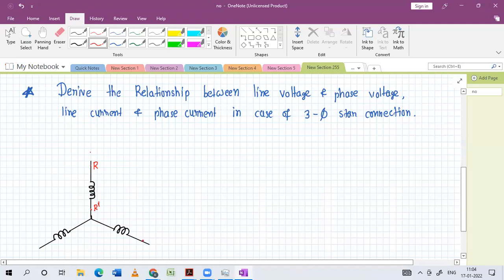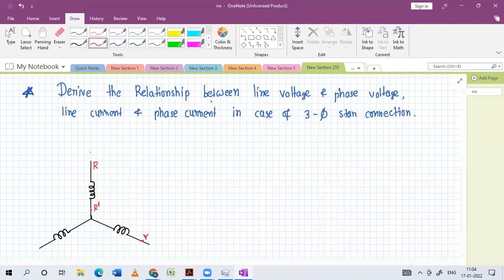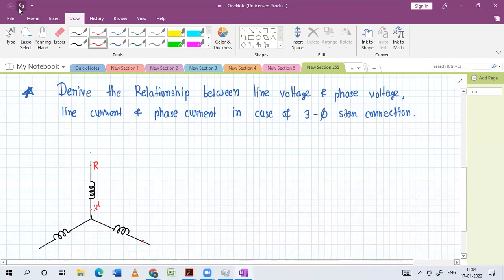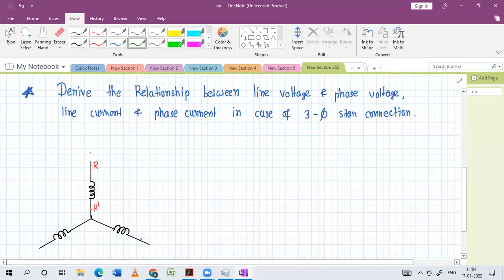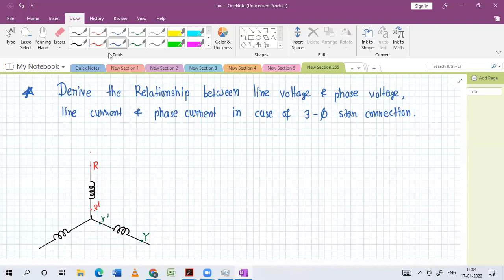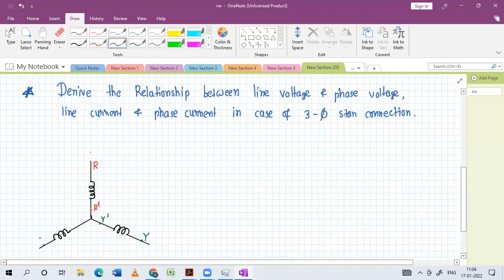Consider the second phase. It is Y, and here there is Y dash. I will use a green color for this. Now the B phase. Consider that is your B terminal, the starting of the B phase and the ending of the B phase.